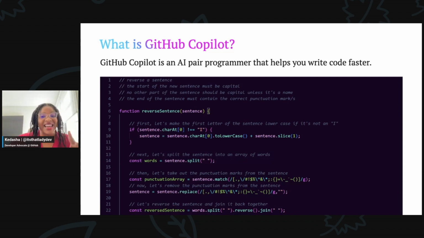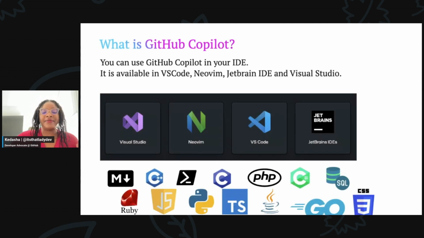But today, I really want to get into the code completion feature of GitHub Copilot, and show you how to make the most out of that for your day-to-day development. The code completion portion of that suite of products is in your IDE. So it's in Visual Studio, NeoVim, Visual Studio Code, and in the JetBrains IDEs.